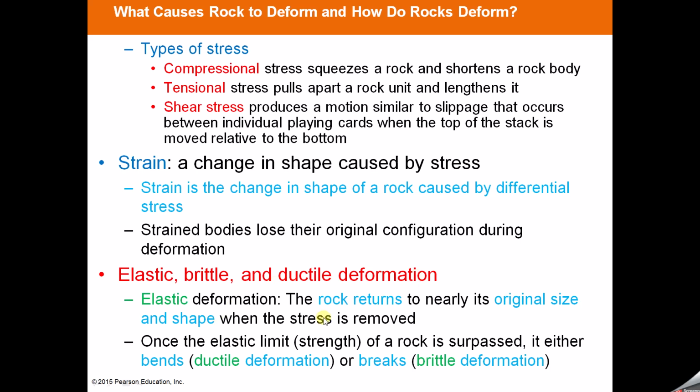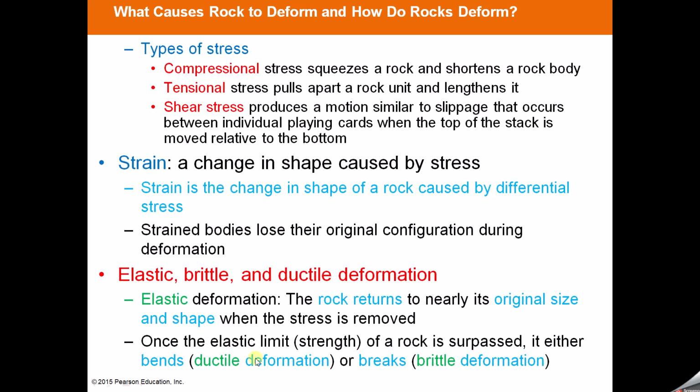Elastic deformation: the rock returns to nearly its original size and shape when the stress is removed. So the material that we applied stress on will return to its original size and shape when we remove the stress.